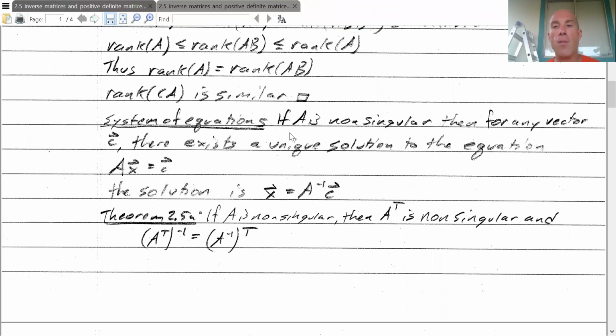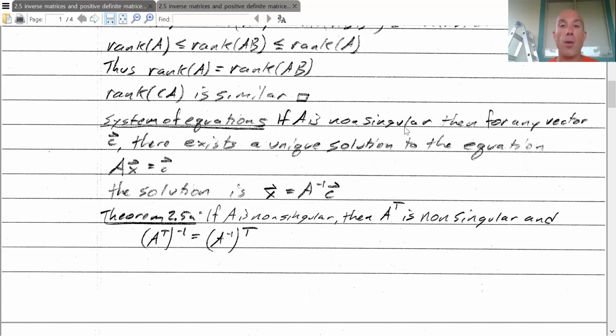All right, so now let's talk about systems of equations. If A is non-singular, then for any vector C, there exists a unique solution to this equation. Remember, when I say non-singular, that automatically means we're talking about a square matrix. Something that's going to happen from here on out in the rest of the course: I'm going to say something, and the definition of that term is going to imply certain properties, and it's going to be on us to be aware of those properties.